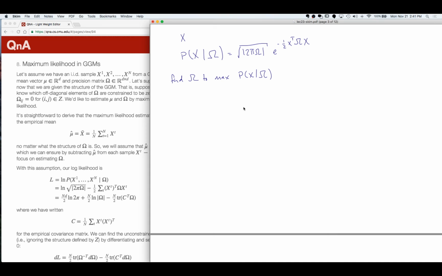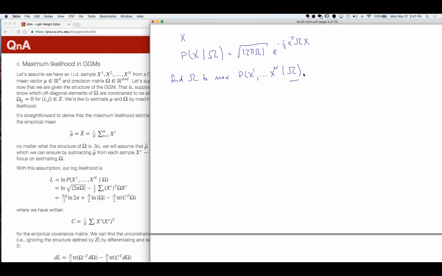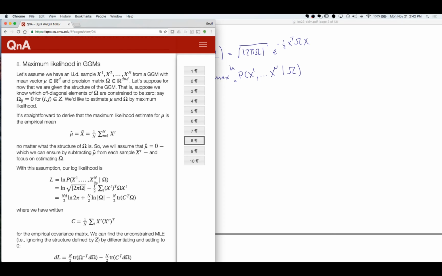And I should say, maybe even better, p of all of our data, x1 up to xn given omega. And that's what we did here in section 8. We maximized this expression. It's equivalent, by the way, to maximize the log of that expression, because log is a monotone function. So we maximized the log of that expression by differentiating and setting to 0.